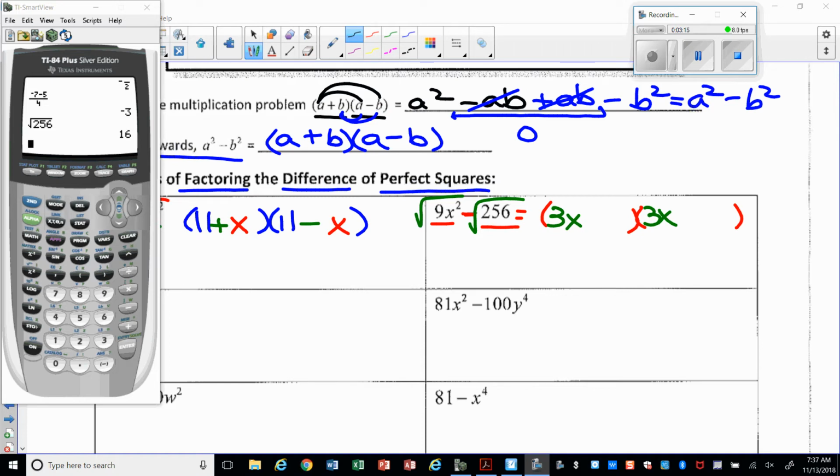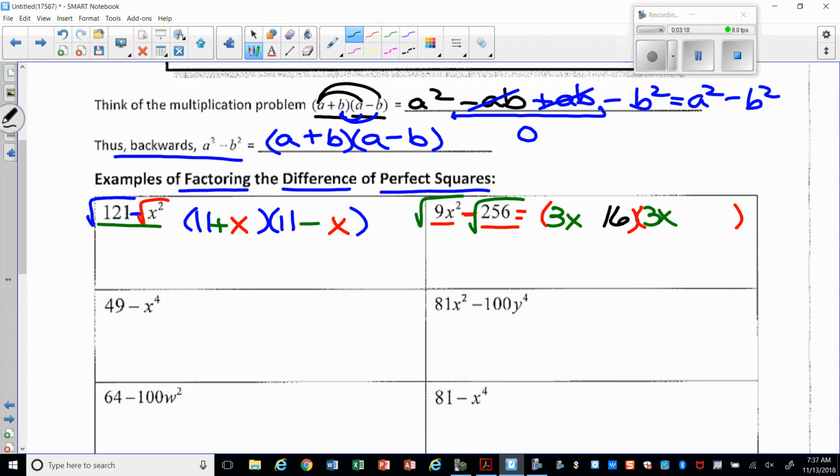So I'll put that over here. 16 times 16 is 256. And then I want a plus and a minus so that I get a 0 for my middle term. And so you can see that's really nice. If you recognize this pattern, you could box these. But when the numbers get really big, it's just way easier to follow the pattern.